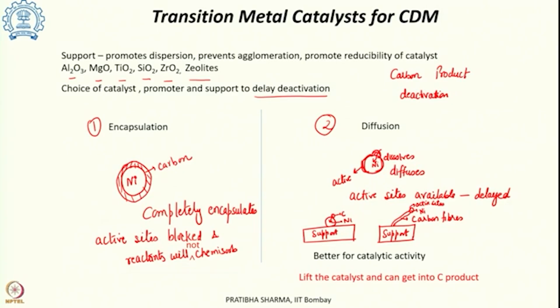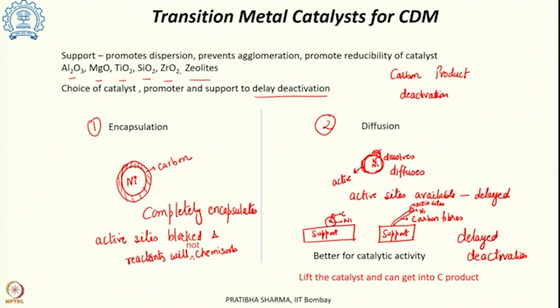So, in case diffusion is the method of carbon deposition in the catalyst, there is a delayed deactivation of the catalyst, and this is better in terms of catalytic activity.